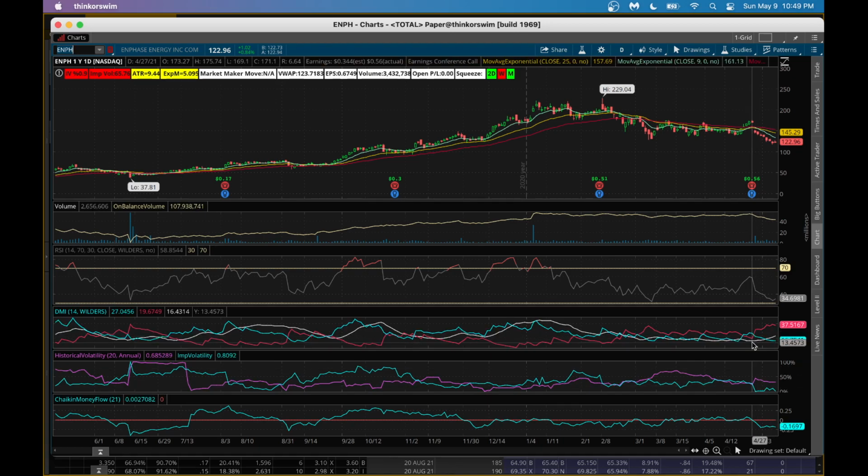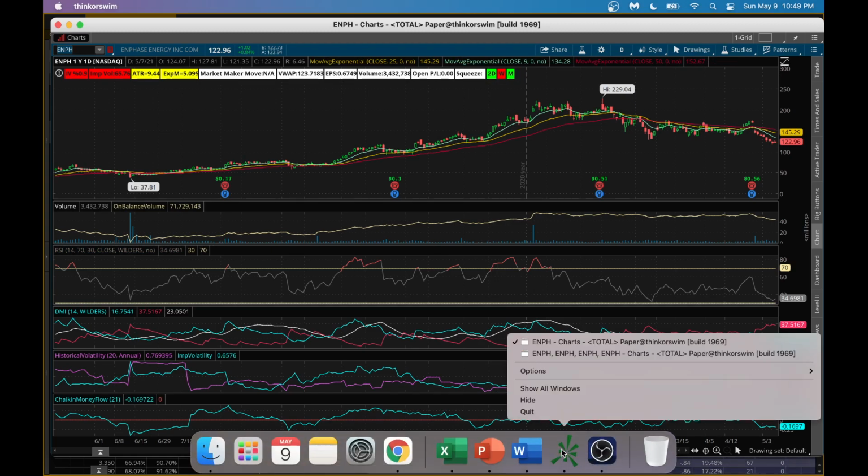Right now, as you can see here, the stock is bearish from a DMI perspective. Red line is above the blue line, but the blue line is showing some sign of improvement slowly. I think it's a good one. Even though it's bearish right now, it's a good time to really buy. Looks like there is also some squeeze forming here. Let's look at the squeeze chart and see if we see anything on the squeeze side.